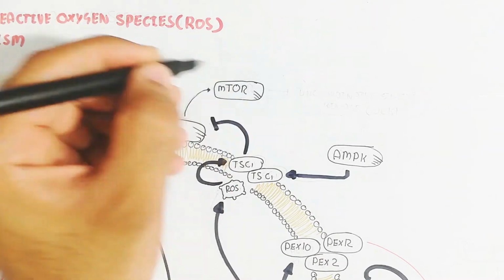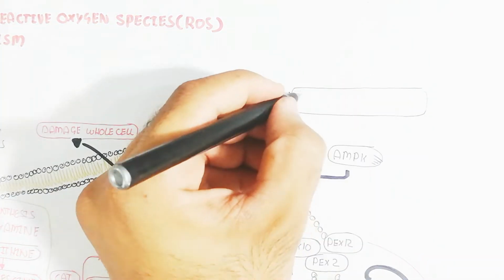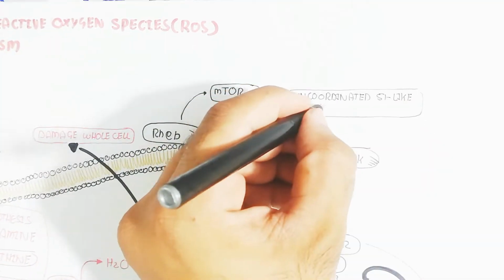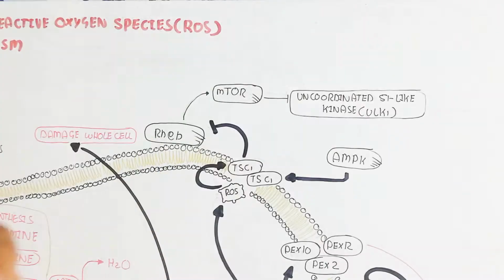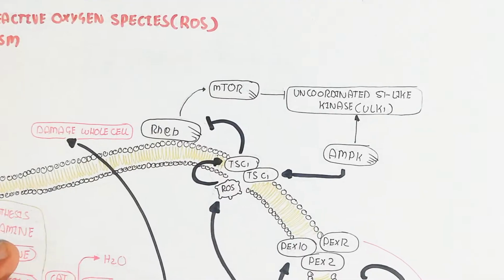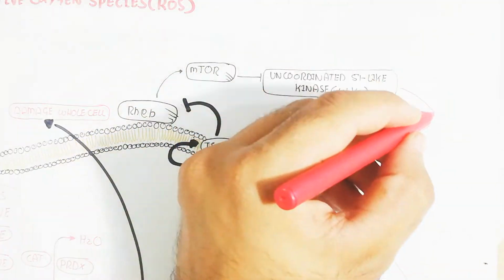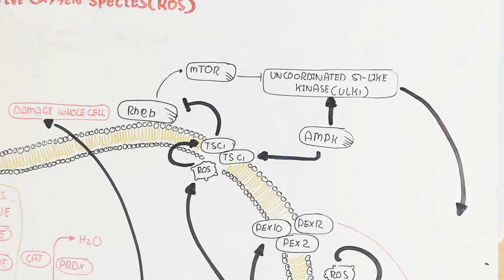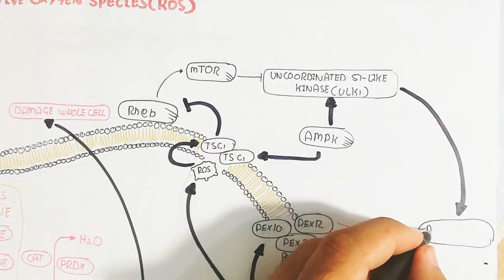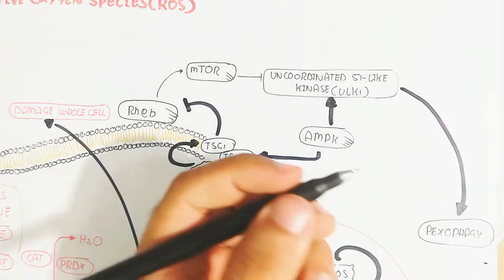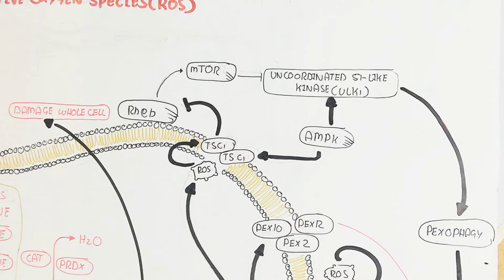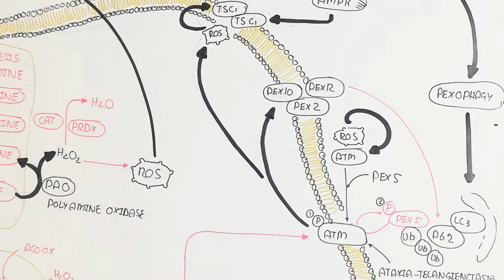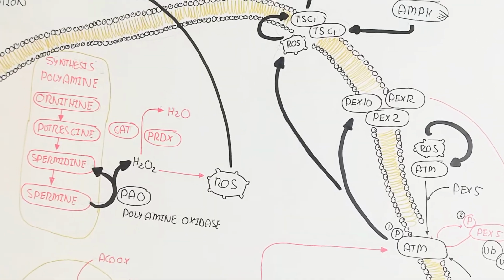So the mTOR pathway is inhibited because RAB is inhibited, and the uncoordinated 51 like kinase, ULK1, will be triggered by the AMPK, and this ULK1 is triggered by the reactive oxygen species, obviously due to the mTOR inhibition, and pexophagy will occur. Pexophagy means the peroxisome is involved in autophagy.